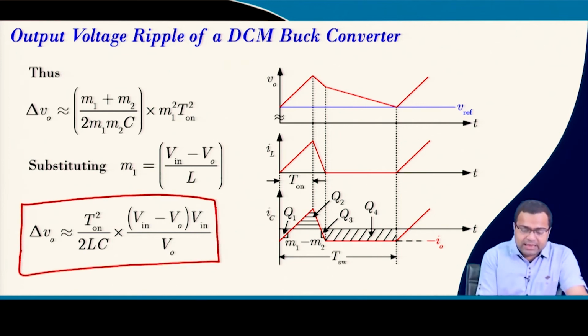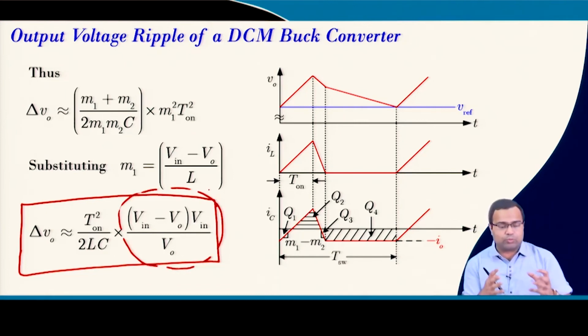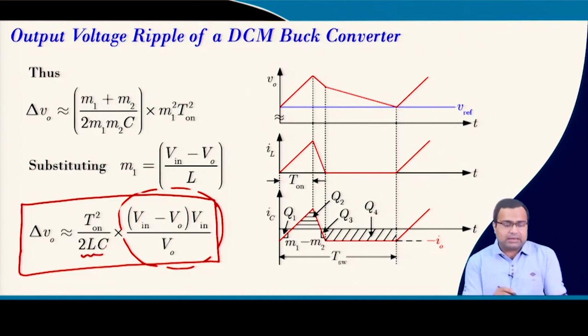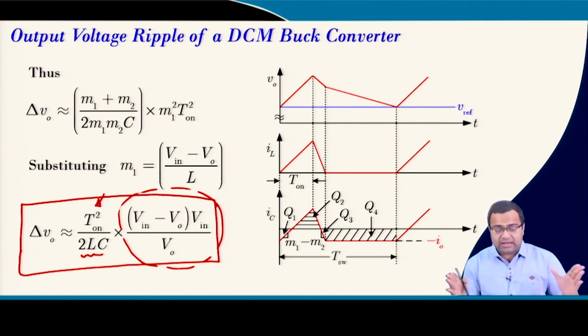If we keep this quantity constant, that means for a given input voltage, output voltage, inductor, capacitor, and on time, the output voltage ripple becomes more or less constant. So for load current changes, the output voltage is not going to be affected significantly, only very small.